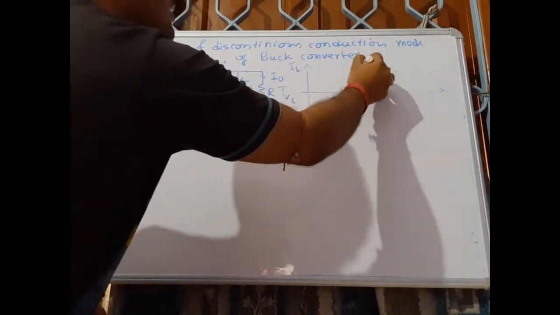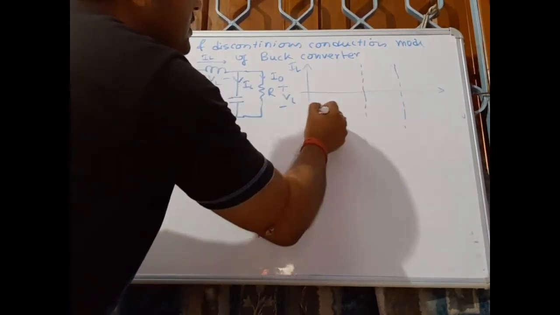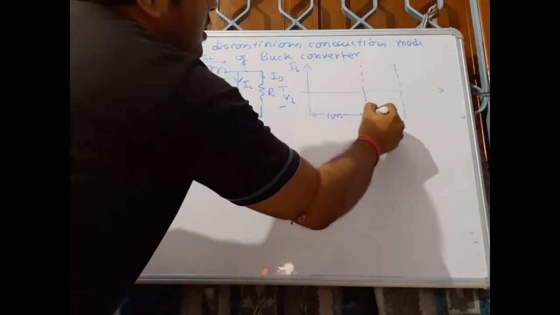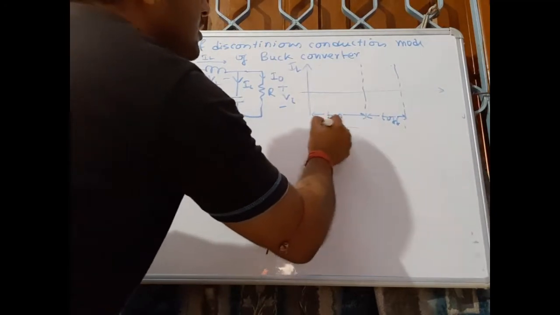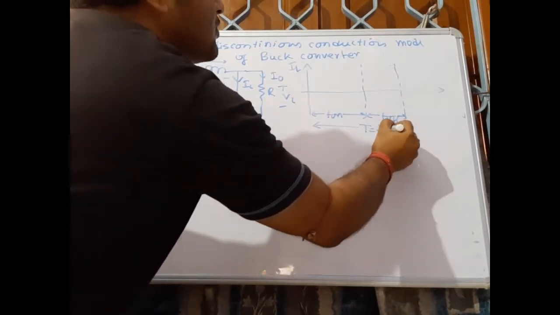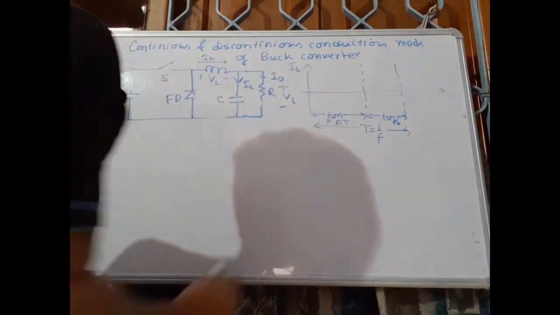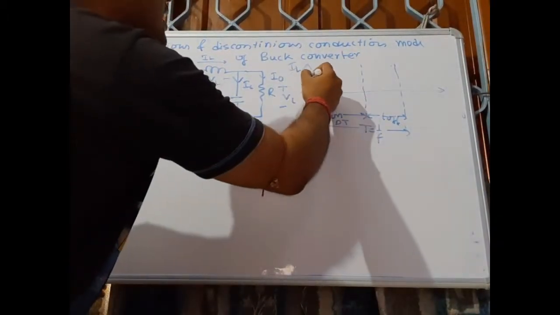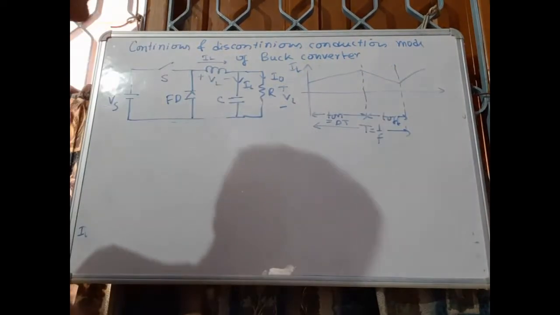Say this is T on condition, this is T off condition, this is T on and this is T off, and the whole time equals 1 by f. This is T, and this can be written as DT as well. This is the inductor current plot like this.